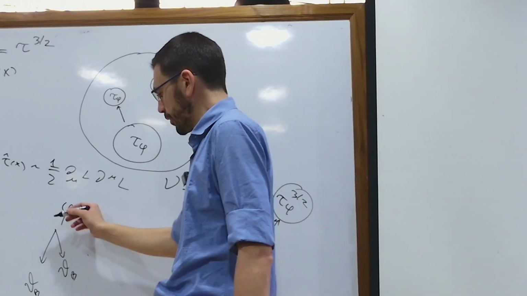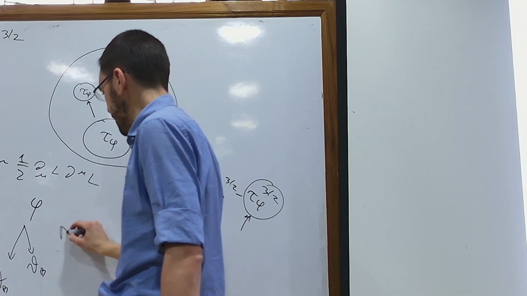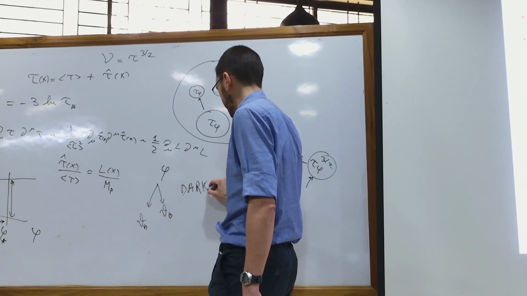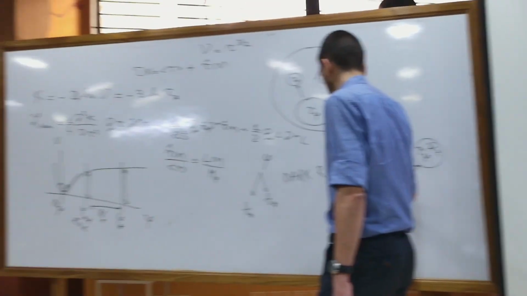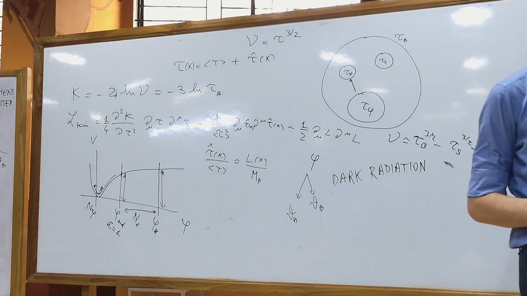But it can also be produced from the decay of a heavy field, and this will be relativistic, and this is dark, now not matter, but dark radiation. So you have these two contributions.